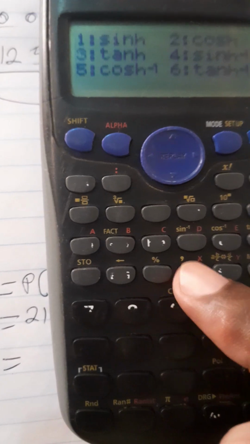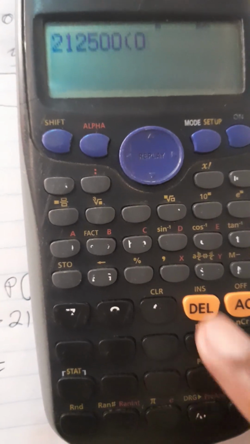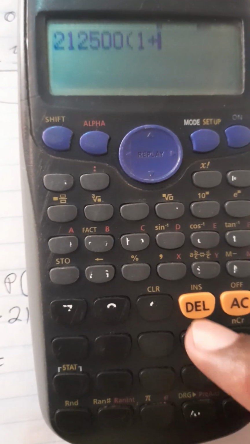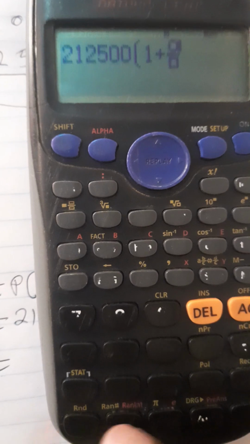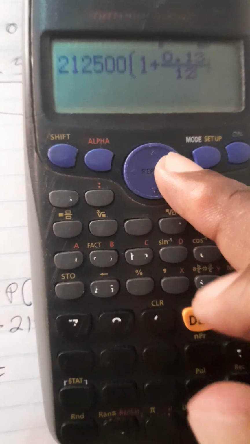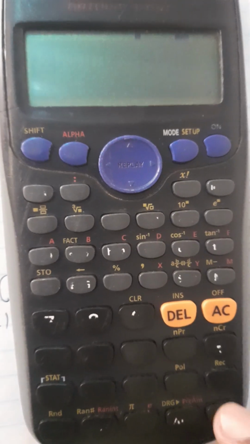So we are going to have 212,500 times (1 plus 0.13 divided by 12) to the power of 5. What are we getting there?